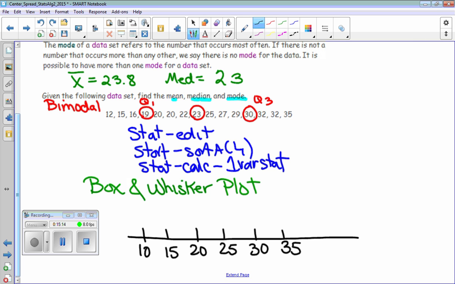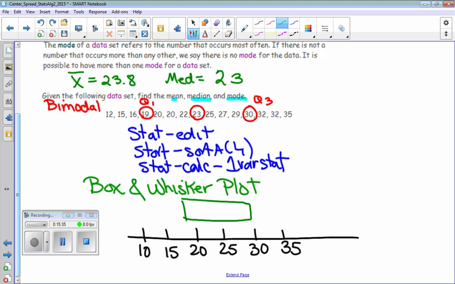And I'm going to create my box between 19 and 30. So between 19 and 30 is my box. That's what we're doing right now. Okay? Notice 19 is the lower end of my box because it's quartile 1.